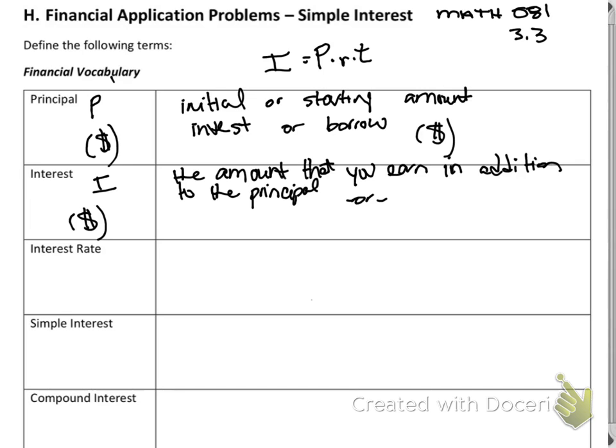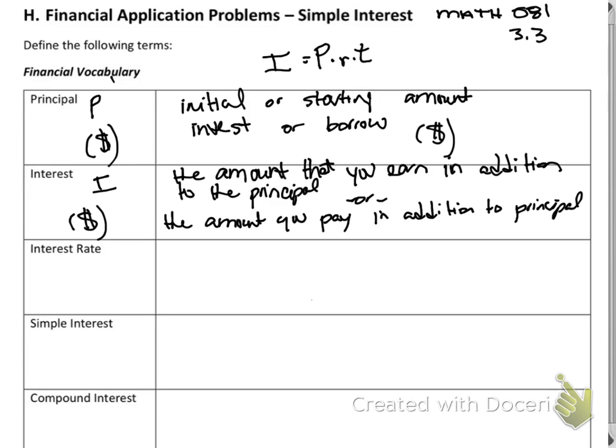Or if you are borrowing money, it's the amount of money that you pay in addition to the principal.